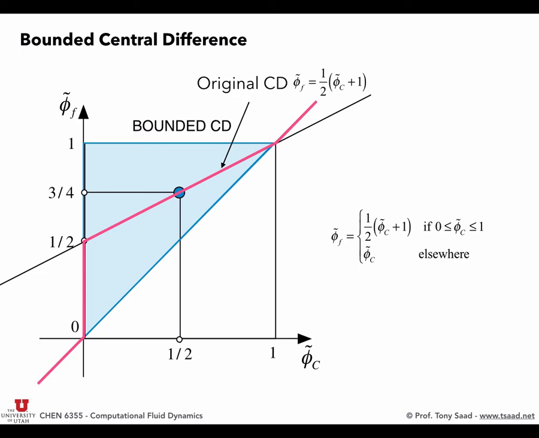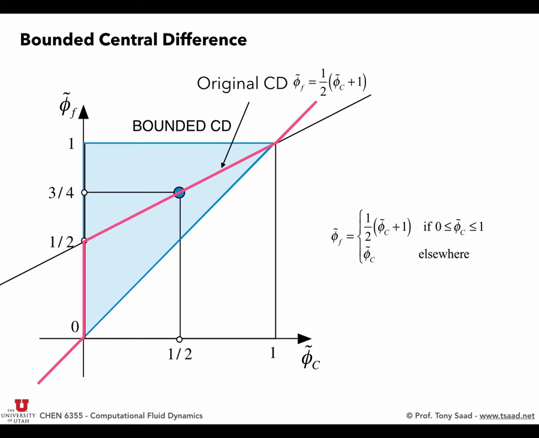So we're trying to really make it piecewise continuous. Now, this scheme is still problematic. We'll show you better schemes now, but this is how you take an existing scheme and make it bounded. You can take the QUICK scheme and make it bounded.